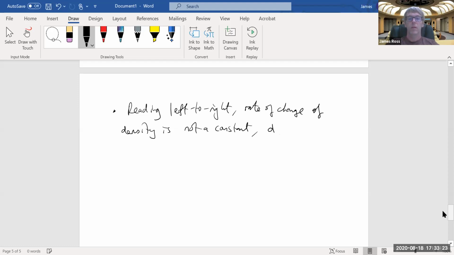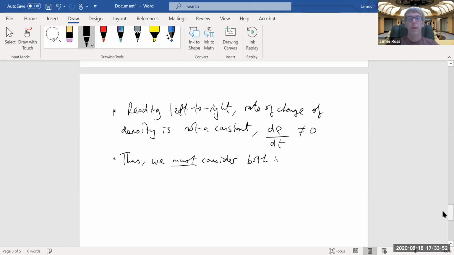So d rho by dt is not equal to 0. It's either positive, well, it's positive in this case. Thus, we must consider both instances of density in a continuity equation because they say different things.